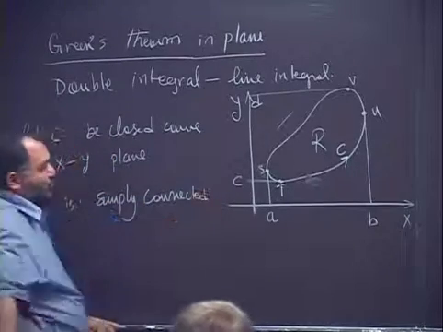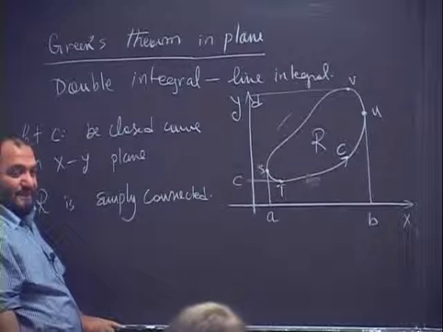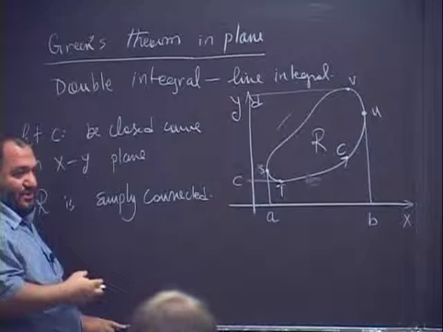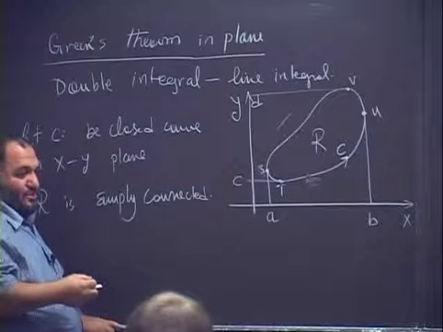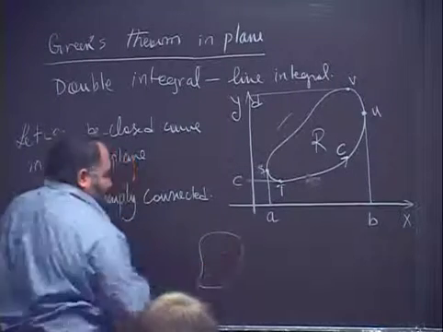So what do we mean by simply connected? Last time we defined simply connected as what? Any closed curve inside this region, once you shrink it, it will come to what? A point. Then we said if you have something like this, this is simply connected.